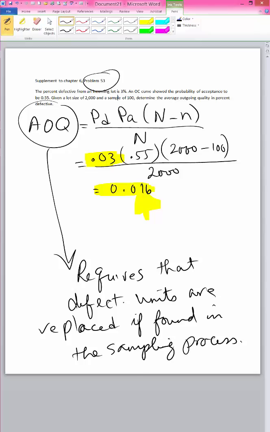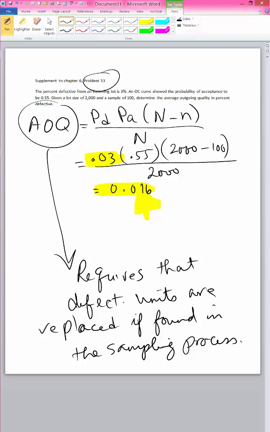So if you find a defective unit within the sample, then you replace it with a good one before you send it to your customer. And this is, of course, an after-the-fact action that you have taken. All the defects have already been produced, and you're spending time to find those defects, to replace them, to rework them, and so that adds to the cost of quality.